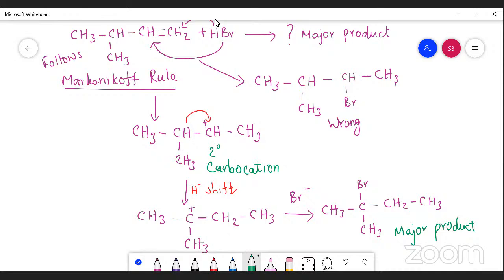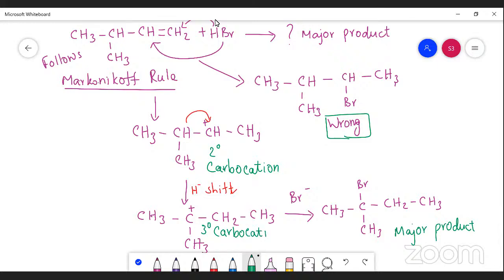If you do it like the earlier way, according to Markovnikov, then it is a wrong one. Why? Because there is a possibility of tertiary carbocation. When the tertiary carbocation is formed, we get the major product.